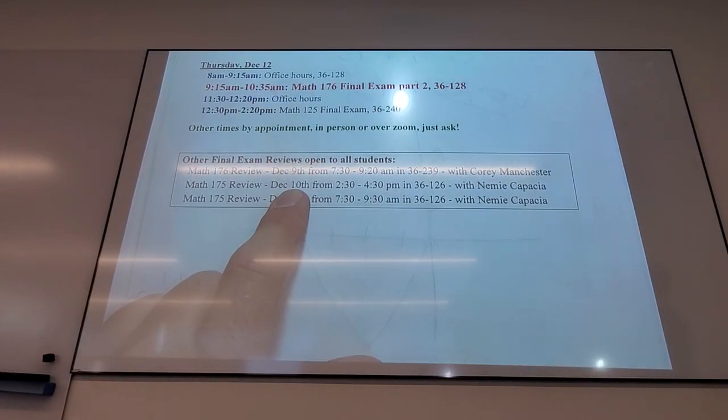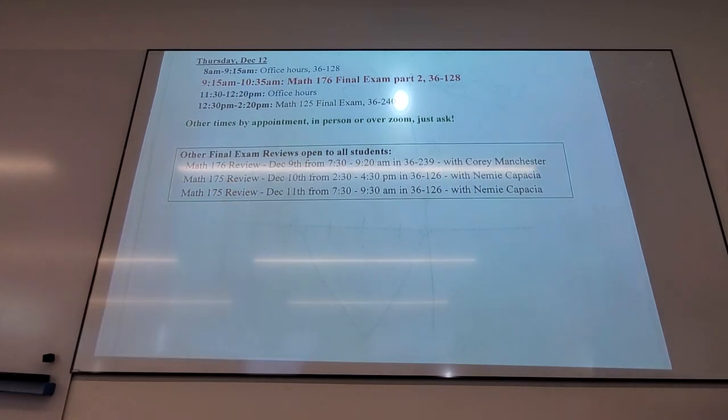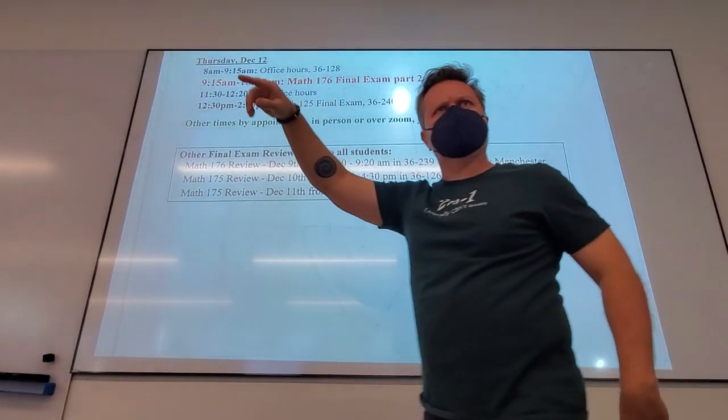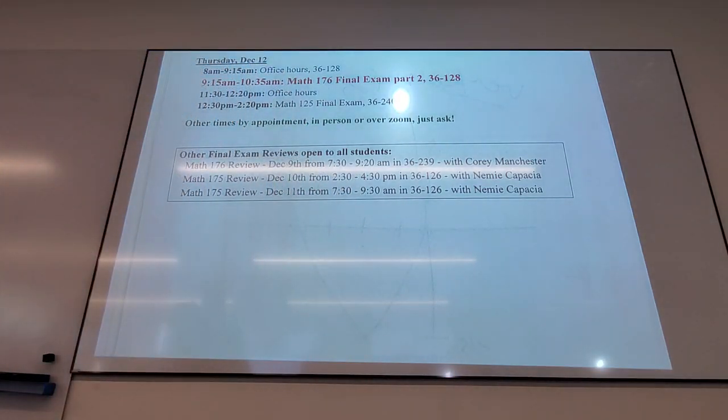What is today, the 10th? Nemi is awesome. 175 is 176 minus trig. So if you go to one of those reviews, Nemi's got her voice, which is a bonus. She's an awesome teacher. It's up to you. You don't have to. They're just there if you want it.